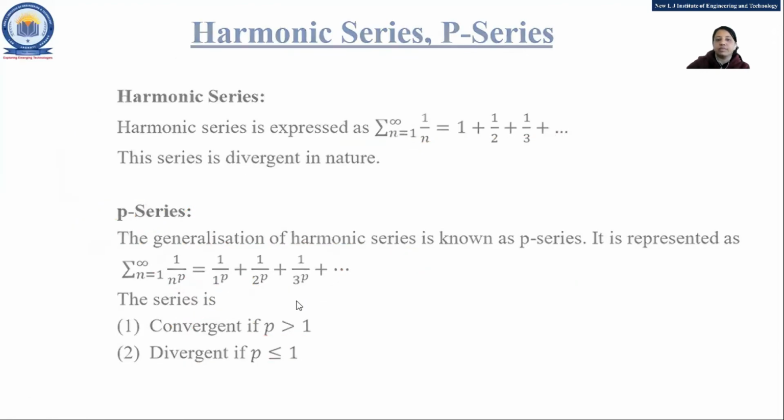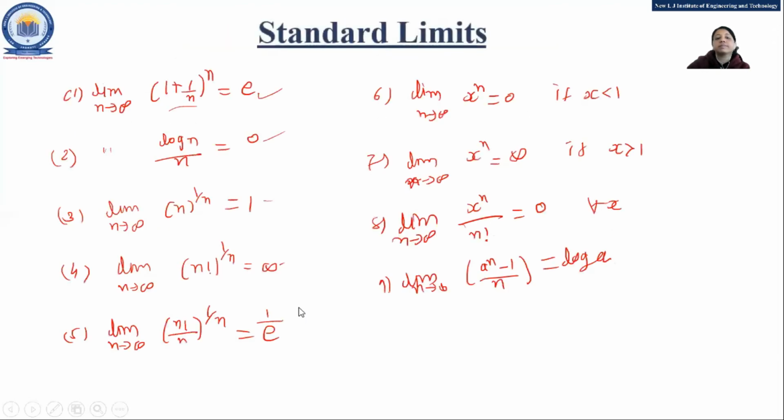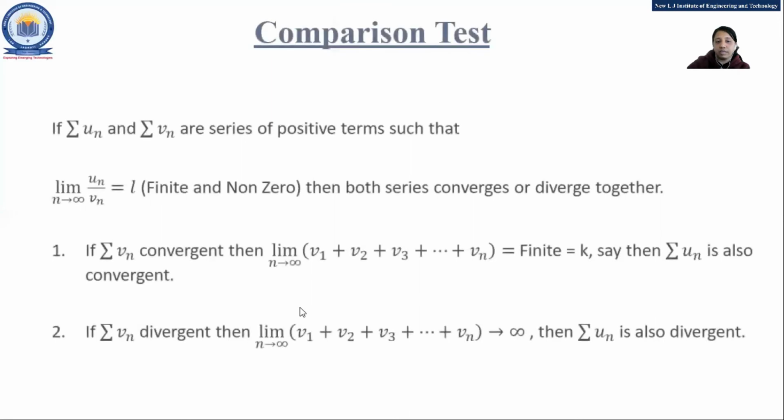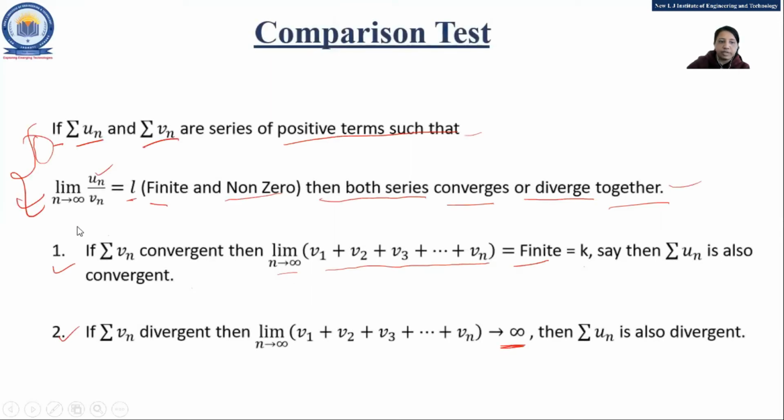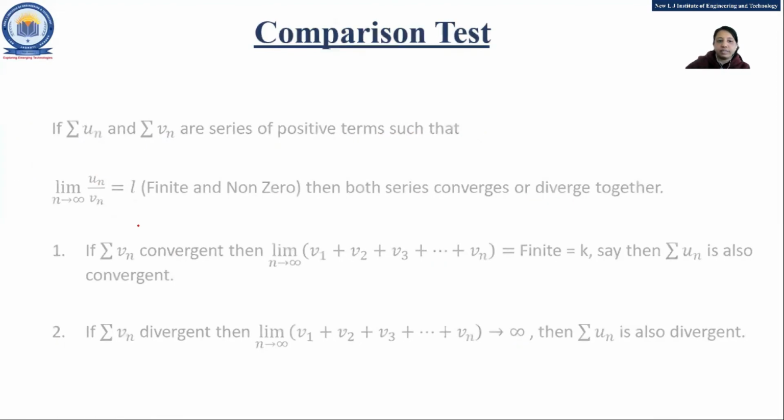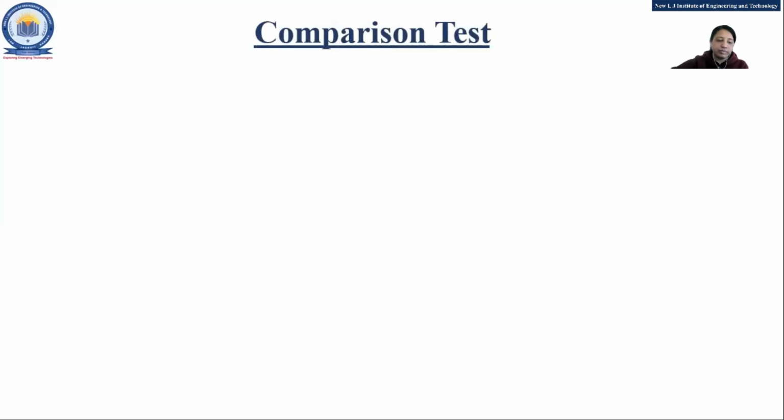Then we have seen some standard limits, and now we will see a comparison test example. So this is the thing, un and vn. Let's start with the example so that it will be clear to you.